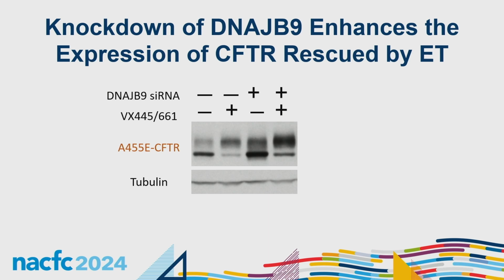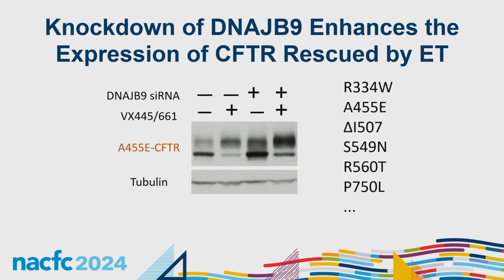Using the same method, we tested other rare CFTR mutants, and they all show a similar phenotype, more or less. So clearly, there are two things we can learn from this experiment. One is that targeting DNAJB9 is a potential target that we can pursue to improve CFTR expression. And the second is that the CFTR extracellular loop is important for CFTR expression.